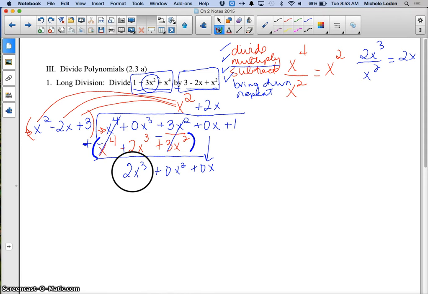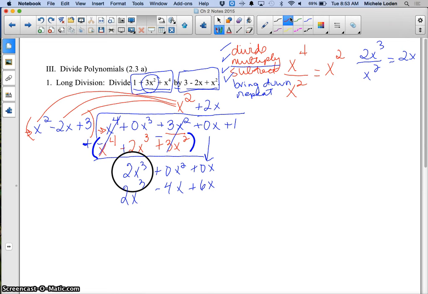We will now multiply. 2x times x squared is 2x cubed. 2x times negative 2x is minus 4x. 2x times 3 is plus 6x. So we've divided, multiplied, now it's time to subtract.